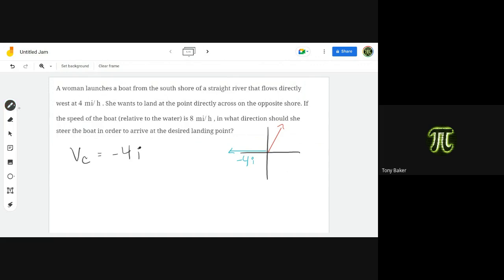So my vector for my boat is going to be 8 times what? It's the magnitude. So I'm going to multiply it by what? If we eliminate the 8, what's my unit vector? Because basically it's a unit vector times the magnitude.